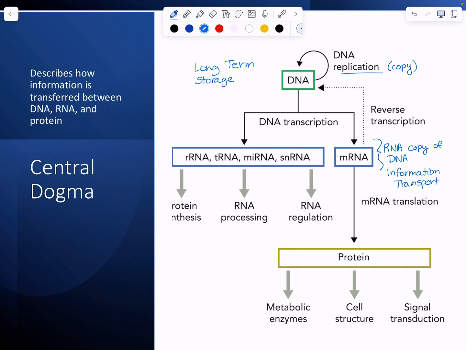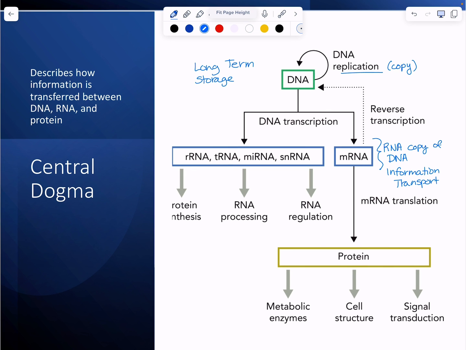But most of the time, the RNA isn't the final molecule that's going to perform the function involved in responding to the environment. So that gets translated into protein. So this will be the functional response to an environmental change, or just to the environment you're existing in.